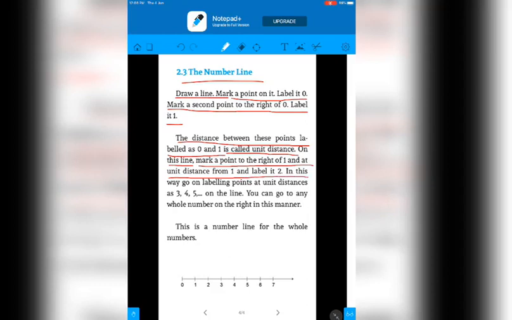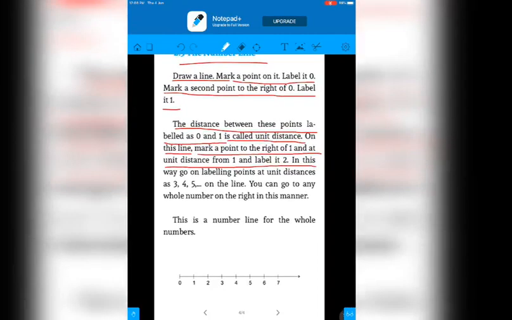So the number line is the line, like you draw a line over here like this. Now you have to start putting the values like 0, 1, 2, 3, 4, 5 and so on. Like this you have to draw the number line. You can also see it from here. This is the example of a number line.